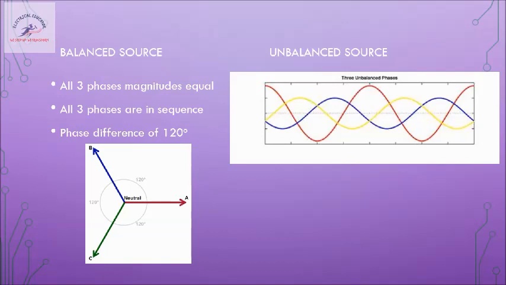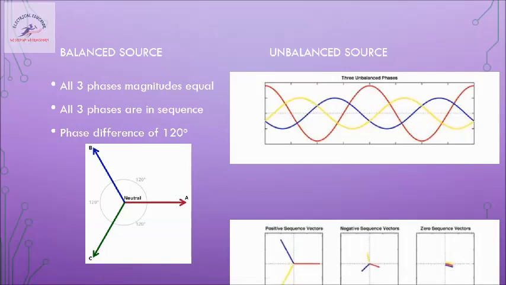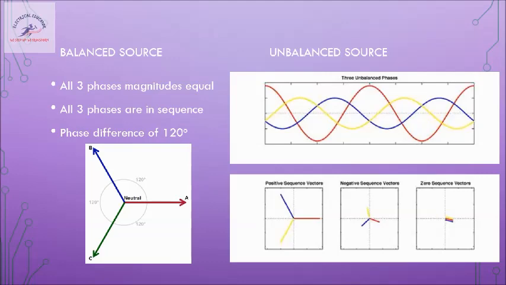For that, in a power system, a very beautiful concept has been introduced. We call it symmetrical components. So unbalanced sources are balanced considering the symmetrical components, and they are positive sequence, negative sequence, and zero sequence.